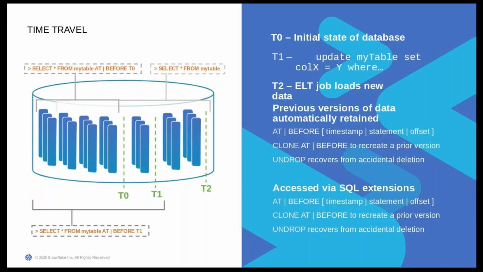I'm going to repeat that: 50 MB to 500 MB uncompressed data. When you compress it, it might come down to a much smaller number, but the max compressed data that a particular micro partition can house is 16 MB.